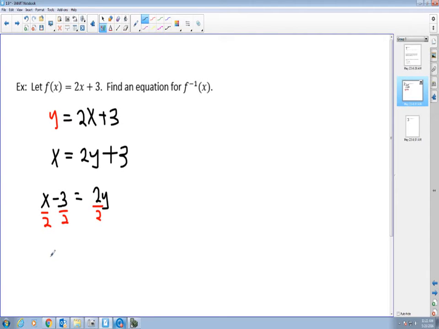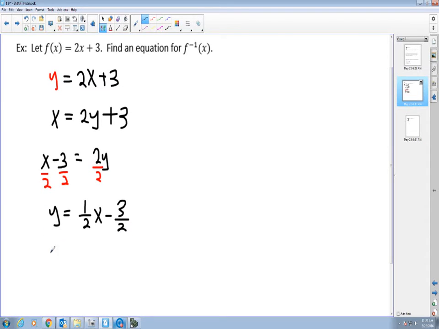So then my y is going to be half x minus 3 over 2. At the very end, replace my y with f inverse. So my inverse function using the variable x will be half x minus 3 over 2.